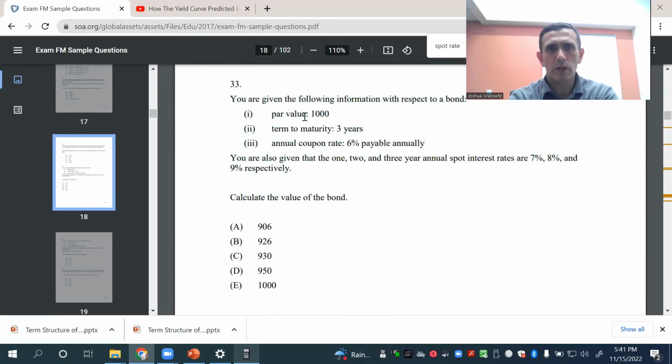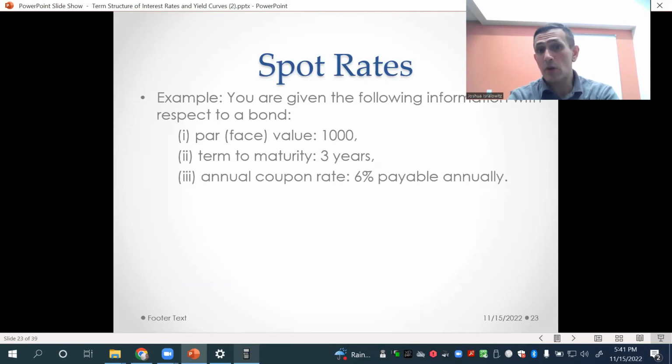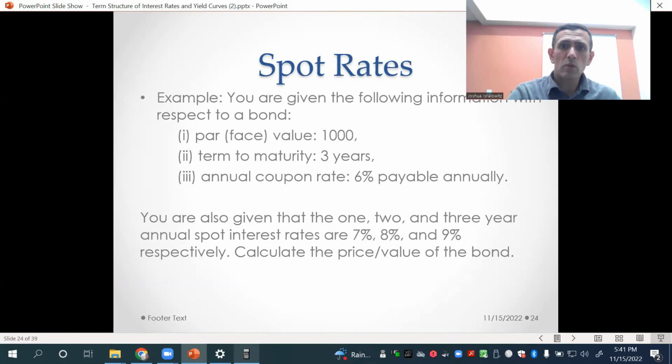It's really the face value. I don't really know why they use par value, because you're using it for coupons and you're using it for the redemption at the very end. But anyway, the face value is 1,000. It's a 3-year bond. You have annual coupons, and the annual coupon rate is 6%. You're given 1, 2, and 3-year annual spot rates of 7, 8, and 9% respectively. Calculate the price/value of the bond.